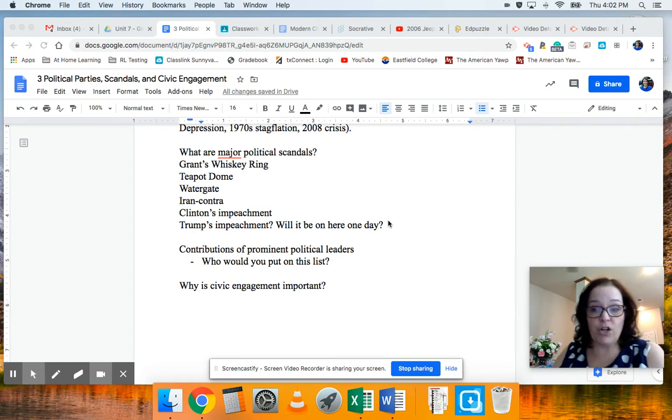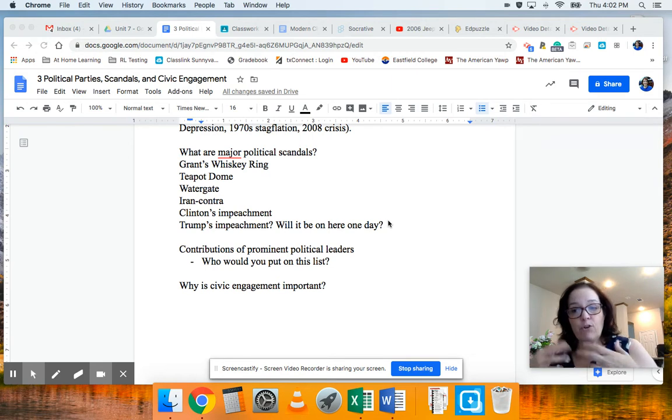Part of the rejection of Reconstruction is small part. I mean, a lot of it has to do with just being frustrated with Reconstruction. But part of it, too, is a sense of corruption within the Grant administration, and that corruption is tangled up with Reconstruction. And so Grant's whiskey ring is a pretty big scandal in the 1870s.